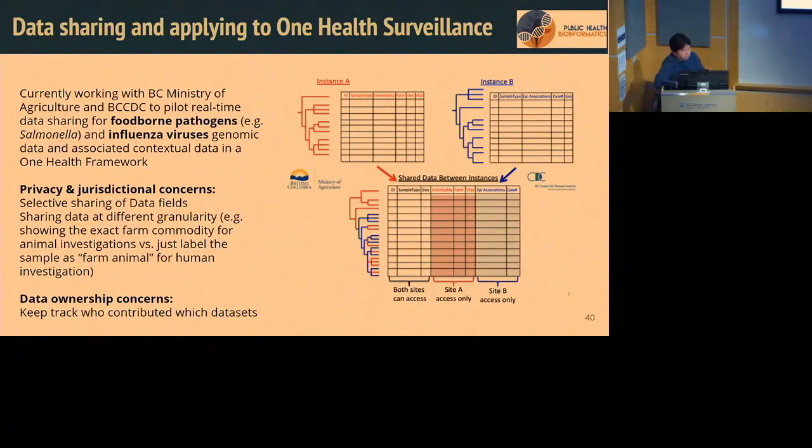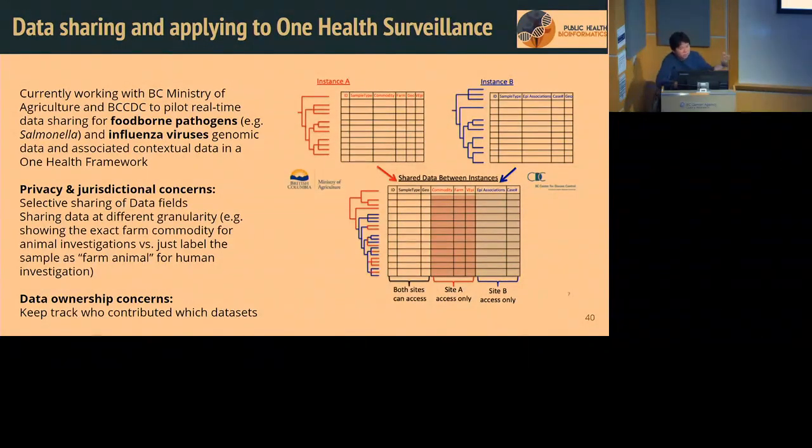For example, if a food company is involved in some sort of contamination event, that's under the jurisdiction of CFIA, and they will be responsible for the recall and so on, but public health would not necessarily need that information to find relevant or associated human cases.